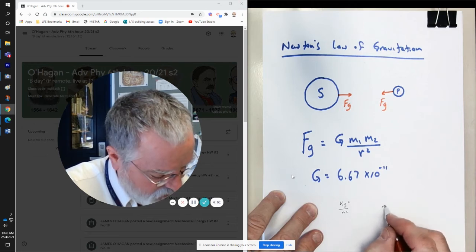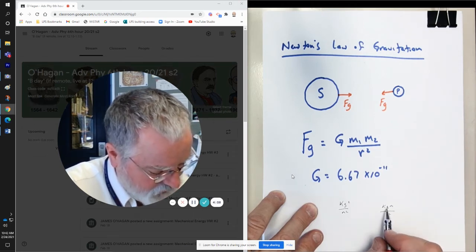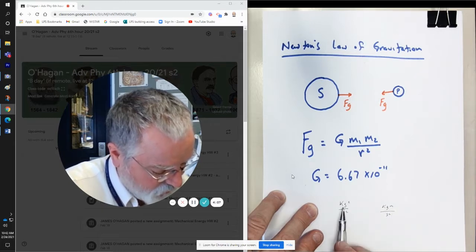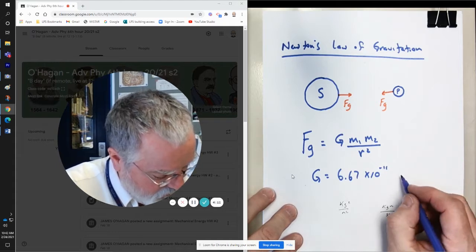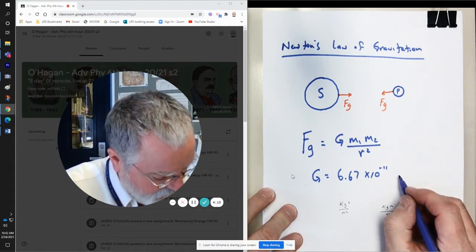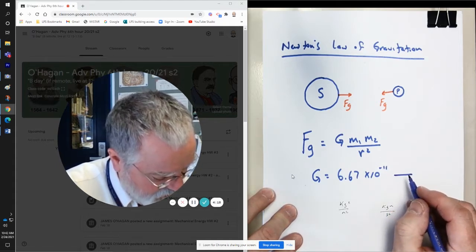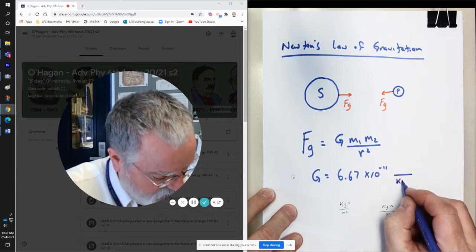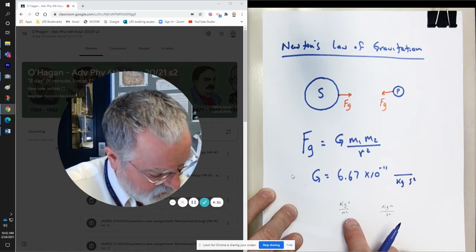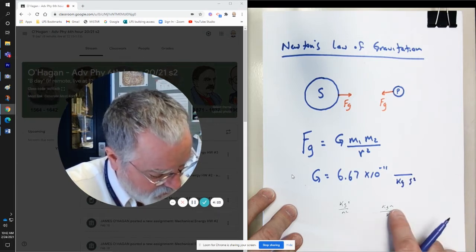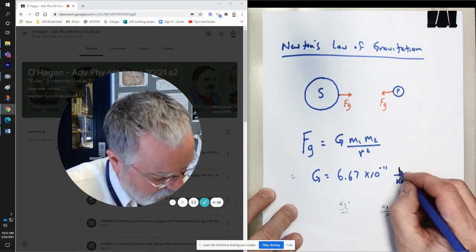Newtons are kilogram meters over seconds squared, because it's a mass times an acceleration. So what do I have to do to make it that? I've got to divide by a kilogram, so it's going to be kilogram and seconds squared on the top, and I've got to get my meter squared on the top, so it's meter.